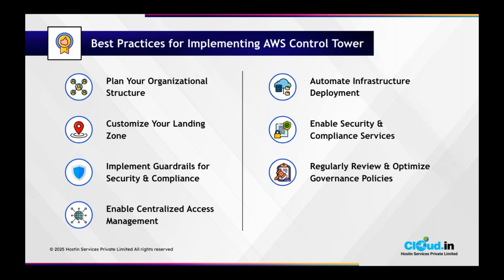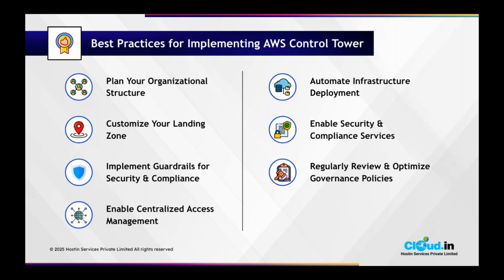Then next is regularly review and optimize governance policies. Finally, governance isn't a set it and forget it process. You have to conduct regular security audits, check cost optimization reports, which consultants do, and refine your security rules over time.